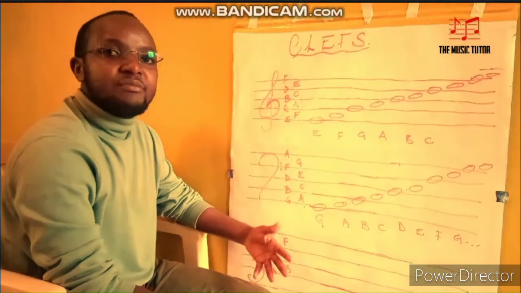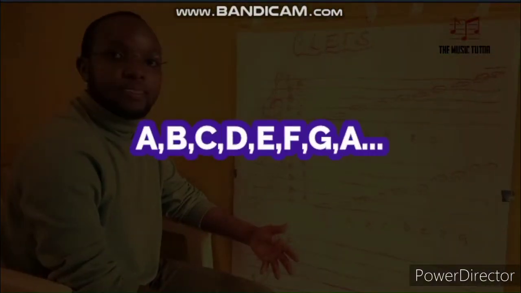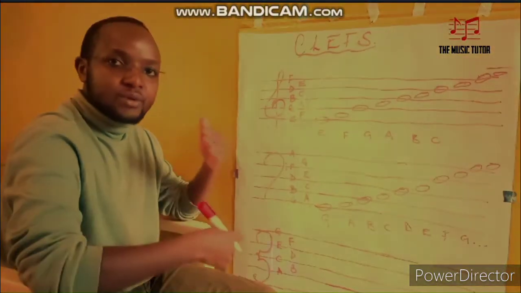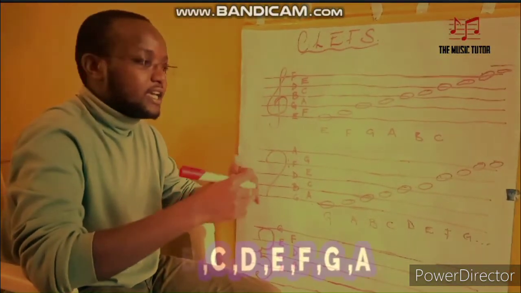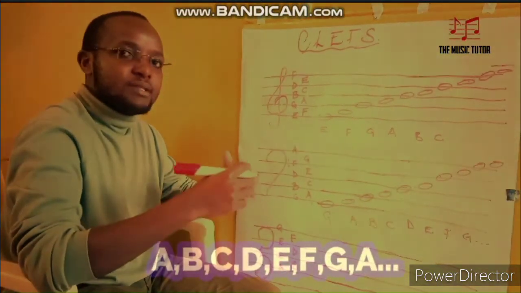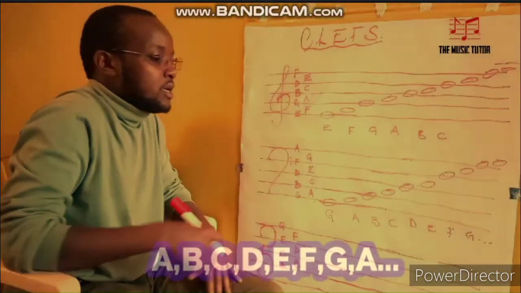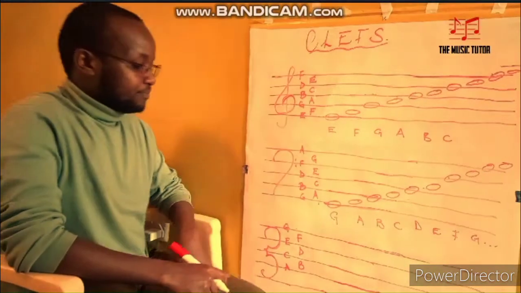You know, we have musical notes up to G, and then it repeats itself to A, B, C, D, E, F, G. It recurs again, A, B, C, D, E, F, G.